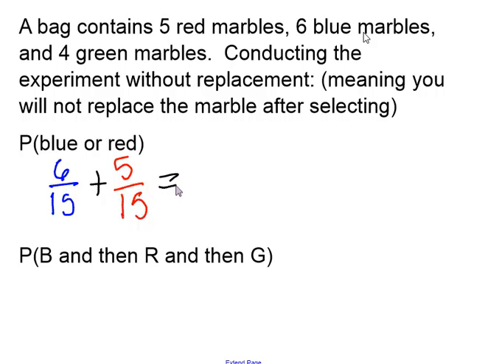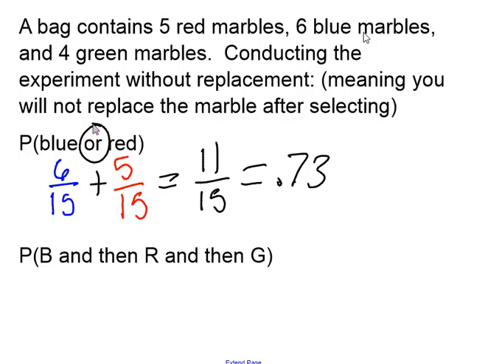I add these together and I have an 11 out of 15 chance of pulling a blue or a red marble. 11 divided by 15 is 0.73, or a 73% chance of getting a blue or a red marble.